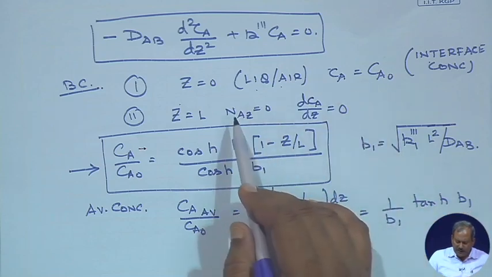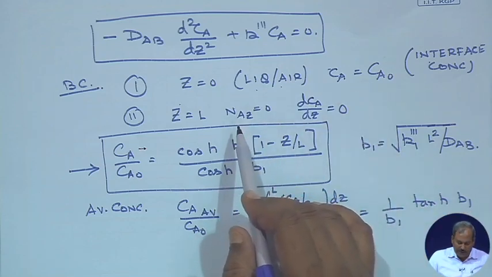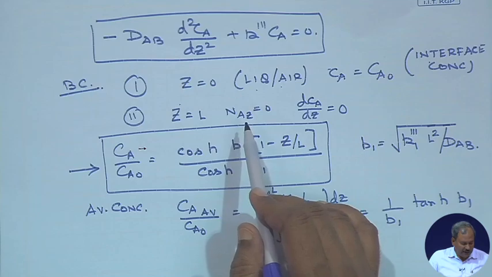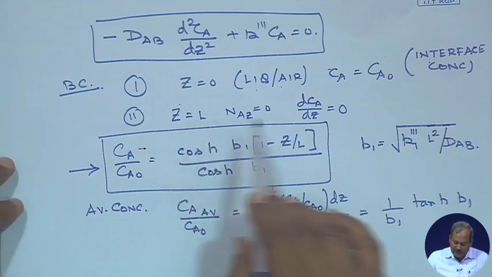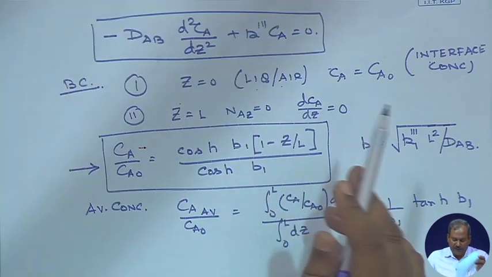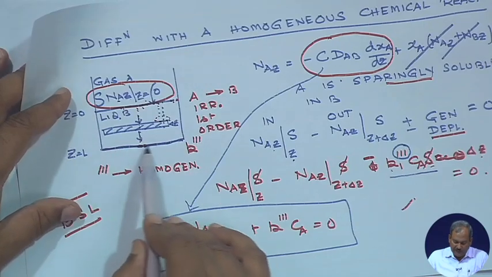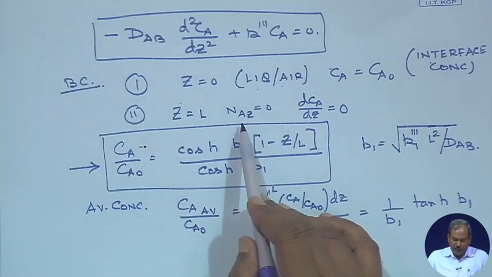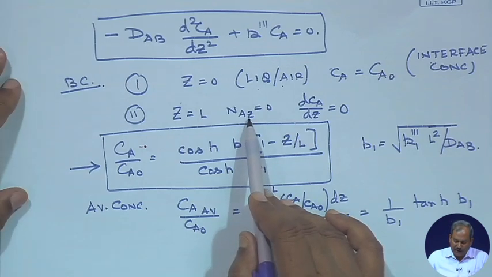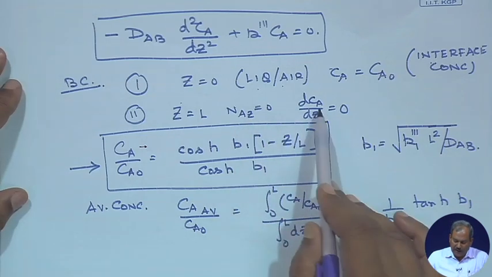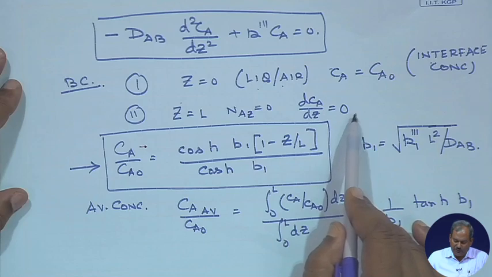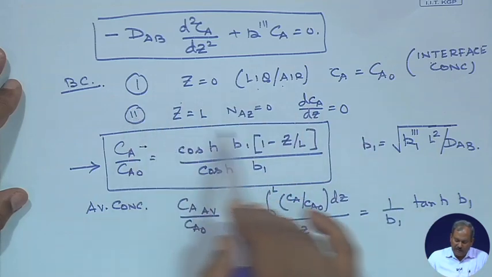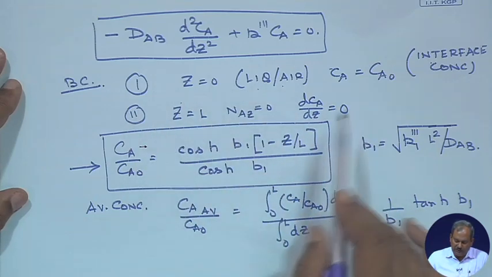And at Z equals L, the other end of this system, since this layer is impervious to the A molecules, the flux of A at that point would be equal to 0, and therefore dC A dZ would be 0. So, it acts like an adiabatic wall in the case of heat transfer.